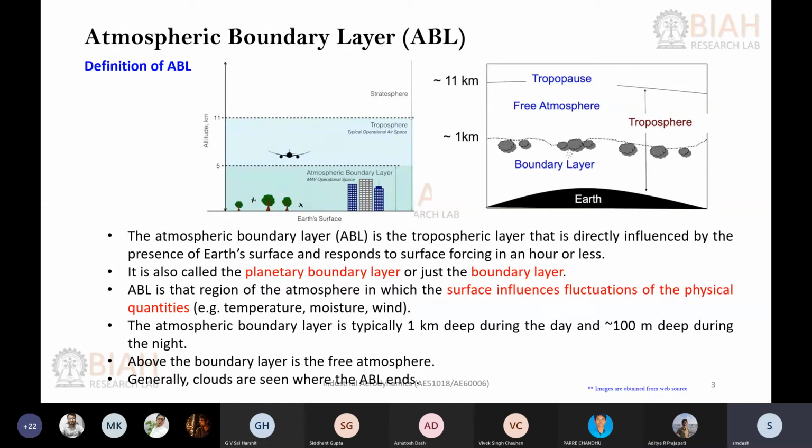The boundary layer also varies with the season, summertime or wintertime, because of the temperature or solar radiation received by the Earth's surface. And how does that solar radiation change the boundary layer?